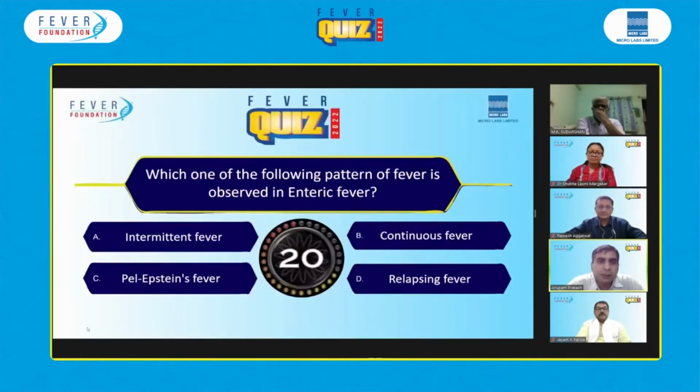We move to the second question. Which one of the following patterns of fever is observed in enteric fever? Intermittent fever, continuous fever, Pel-Ebstein fever, and relapsing fever. So you have four options and your time begins now.